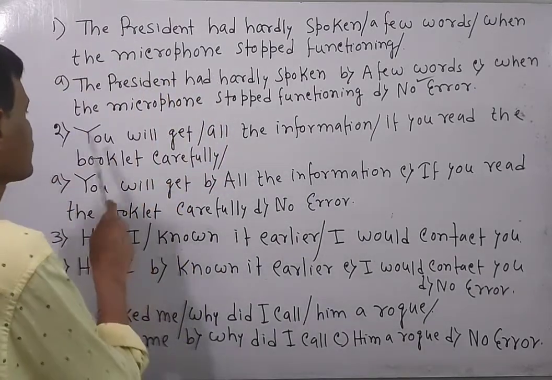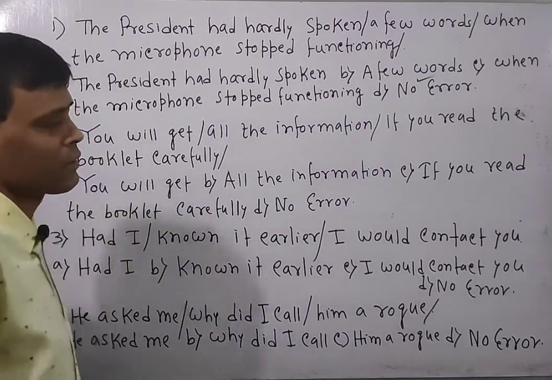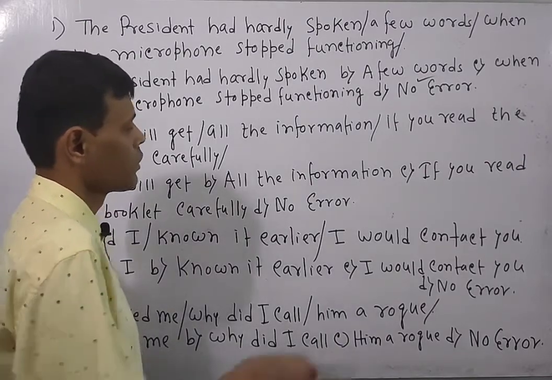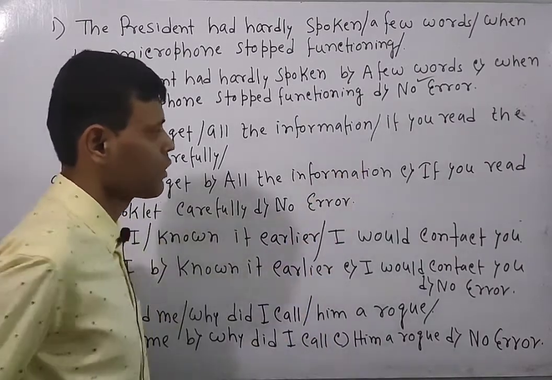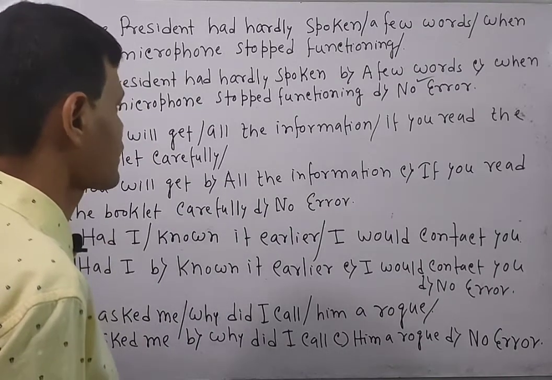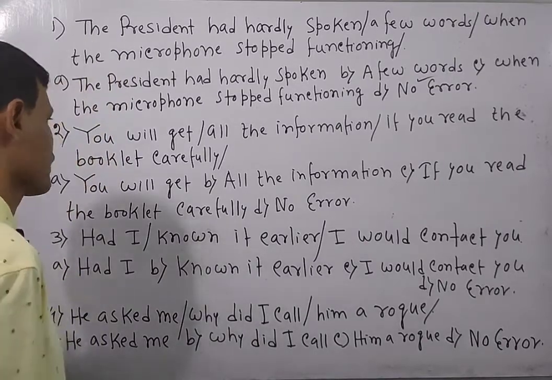So you will get subject, auxiliary verb, main verb, all the info. You can say it's an objective phrase. And here is the conjunction, and if you read the booklet carefully. So as far as I can understand, the sentence is not having any mistake at all.